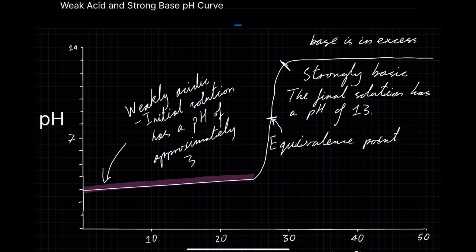I said this was acting as a buffer until here, until we reach our equivalence point, where the concentration of OH minus is equal to or greater than the concentration of H plus in our solution, and we lose the property of our buffer at that point. But until that point, as you can see here, it consistently maintains that pH roughly.